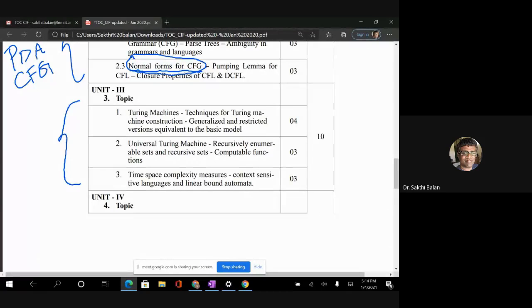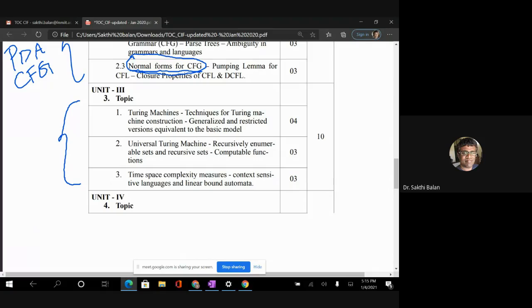So the Turing machine, as you know, was first proposed by Alan Turing way back in the 1930s and 40s, right? And it is still the abstract model which acts as the precursor for building a computer, right? So whatever that we are using right now, okay?